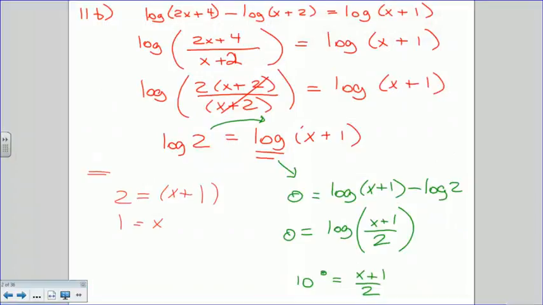I know you're thinking, why are you making this harder, Mr. P? There's going to be some questions where this is the way you got to do it. They won't always be nice like this, where this log base 2 can be equated.